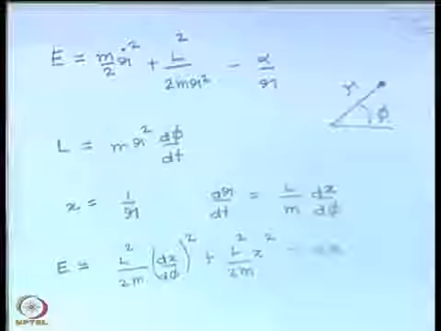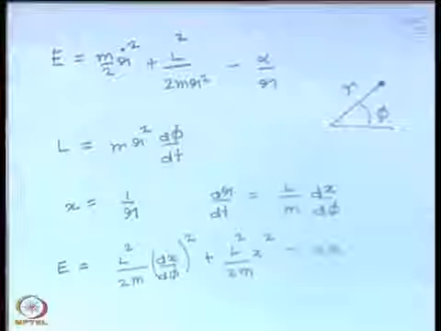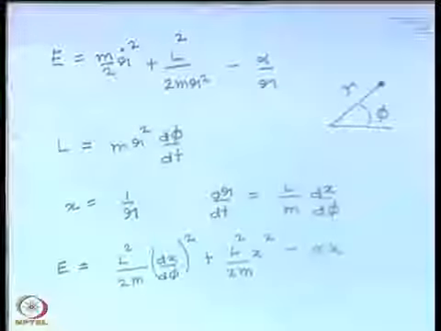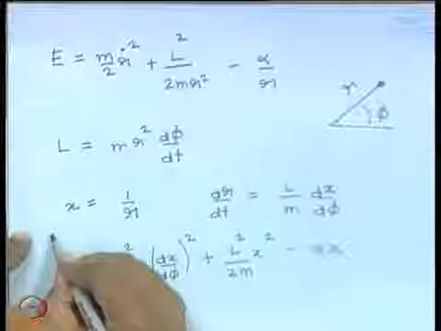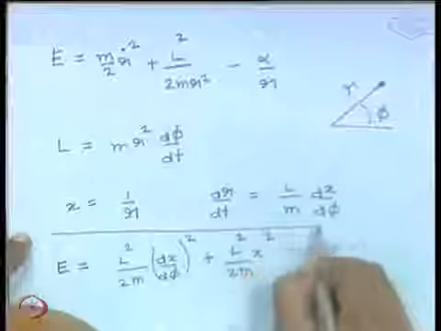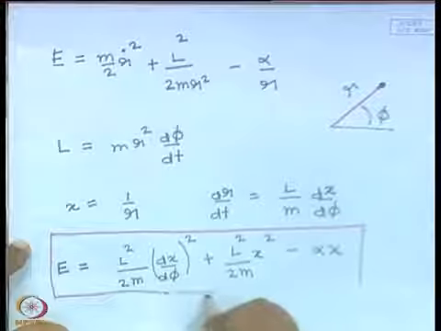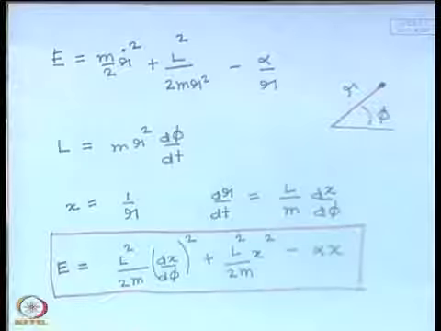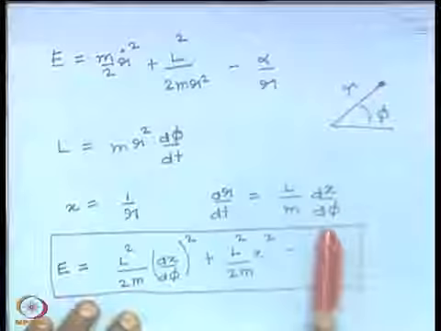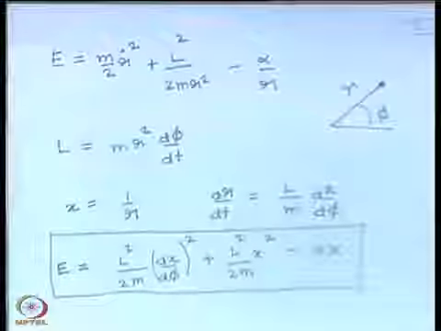So, the conservation of energy can now be written in this way. The same exercise can also be done if I had some other interaction instead of gravity. The only change would be that instead of alpha x, I would have the other interaction that was there.